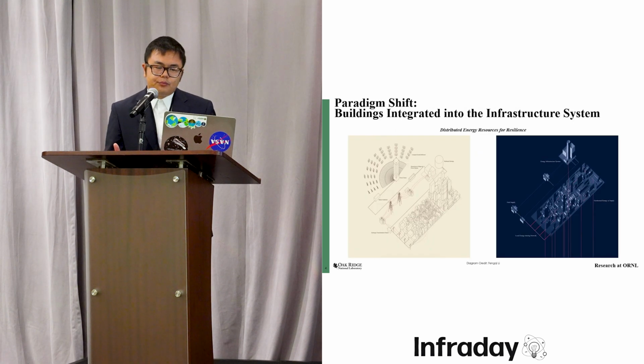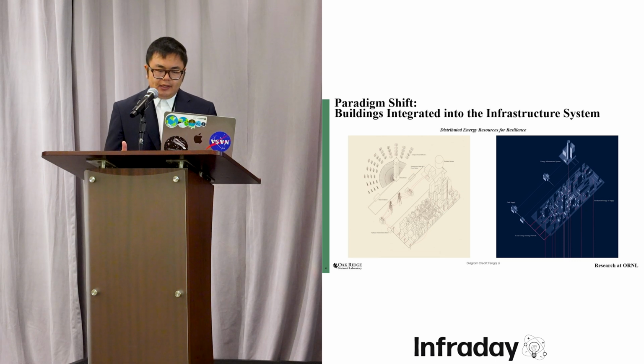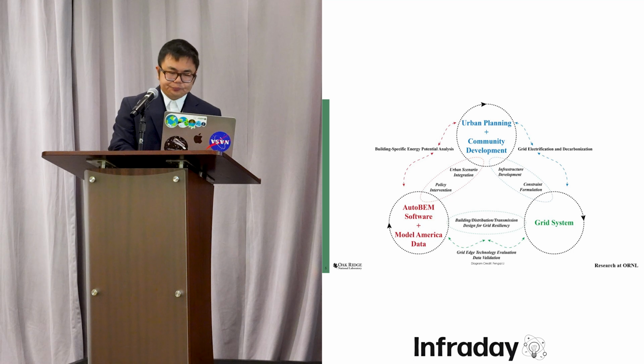So to answer the previous question, one important feature we identified is as the infrastructure system will need to handle greater distributed renewable energy resources, a new planning framework and tools will be developed to guide those different stakeholders and even homeowners about how to plan and design their building and community from a system development perspective.